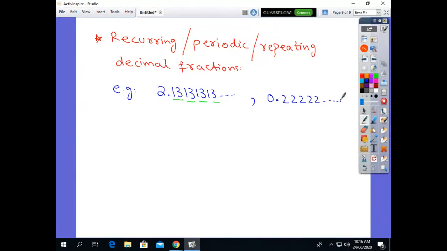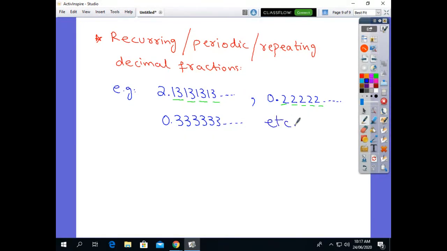This number is also a recurring, periodic or repeating number, because 2 is repeated again and again. Similarly, we write 0.333333 and so on.